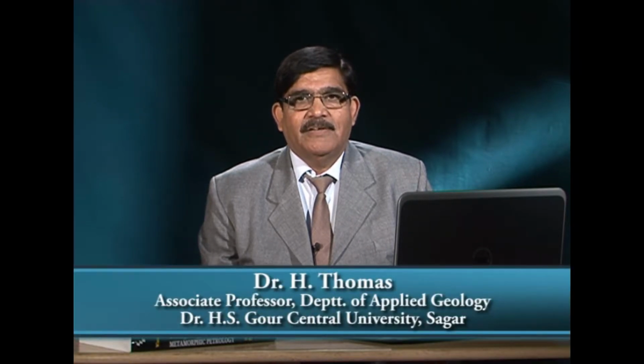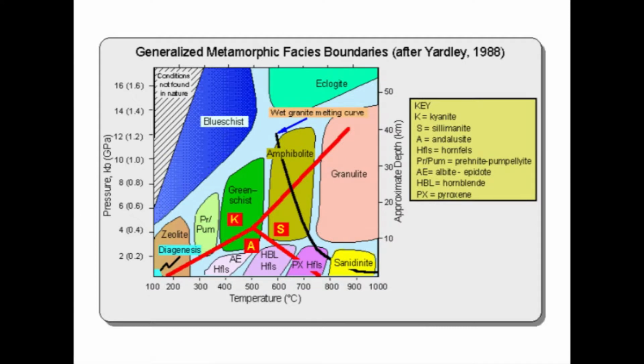Namaskar. Today we will discuss regional metamorphism of pelitic rocks. We have already discussed in detail the intermediate pressure temperature facies, which contain zeolite facies, greenschist facies, amphibolite facies and granulite facies.